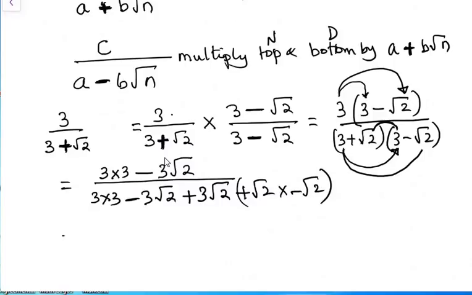So further, 3 times 3 will give us 9, and the denominator 3 times 3 is 9. And if you look at this, this is minus 3 root 2 plus 3 root 2. You have $2, you are owing $2.